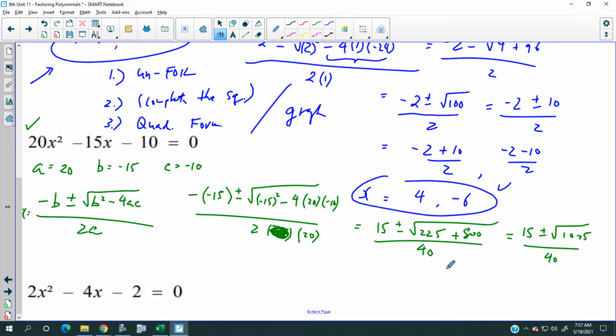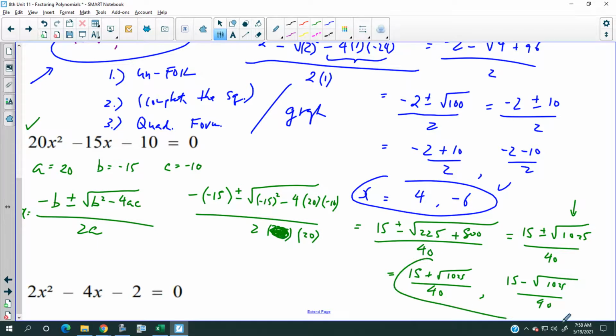Over 40, and now here I got 2 answers. This is a split already because this is not going to be the discriminant here. It's not going to be a whole number. So I'm going to write it like this: 15 plus the square root of 1025 over 40. And then the other solution is 15 minus the square root of 1025 over 40. That's it. That's all you can do.